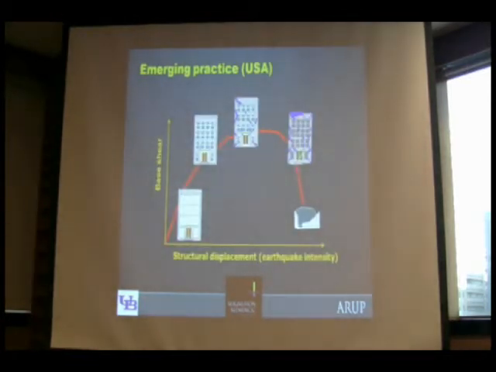Just to explain, perhaps in a cartoon form, emerging practice in the United States, I plotted here base shear, or essentially resistance of the building, versus structural displacement, perhaps the displacement at the roof of the building, or put differently, earthquake intensity. So from a minor level of earthquake shaking, we might look to operational performance.